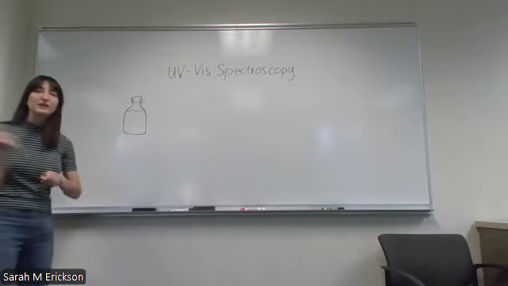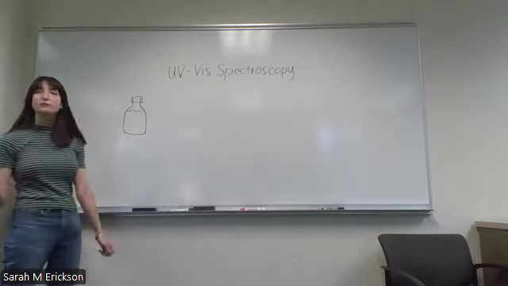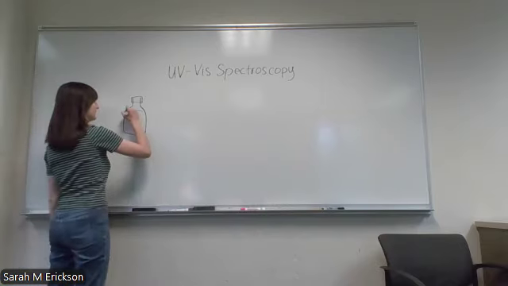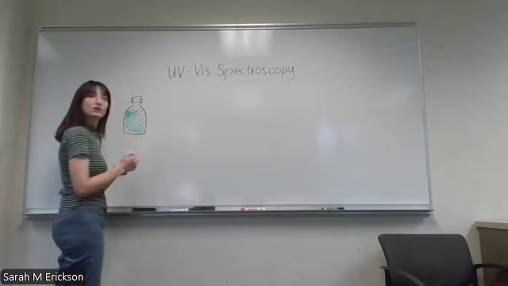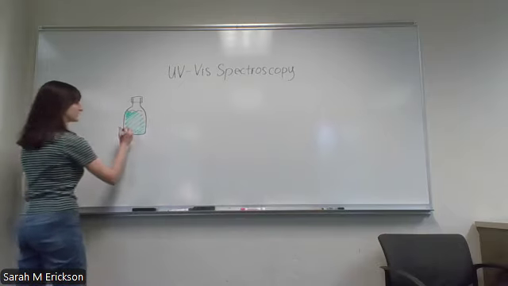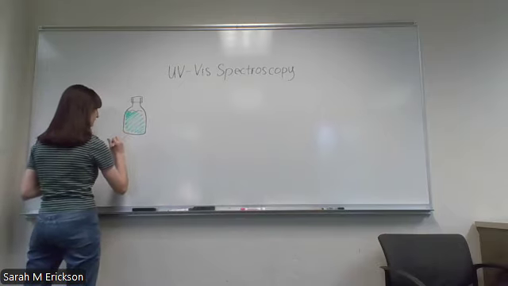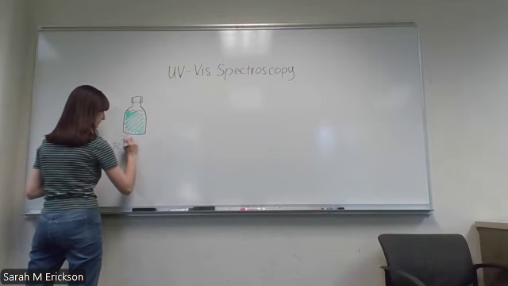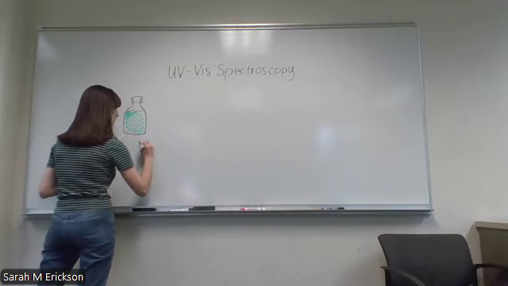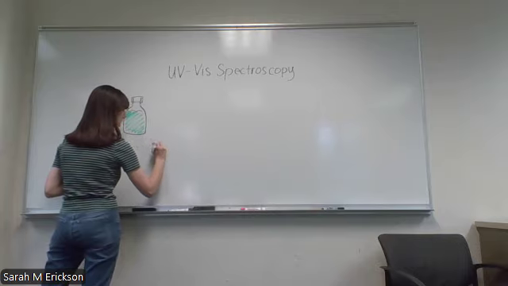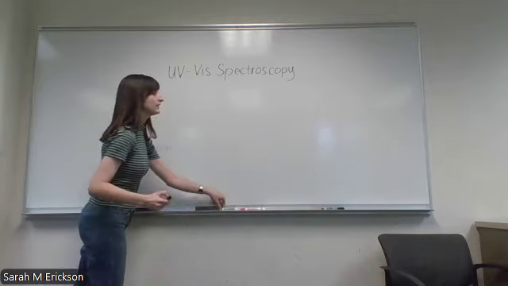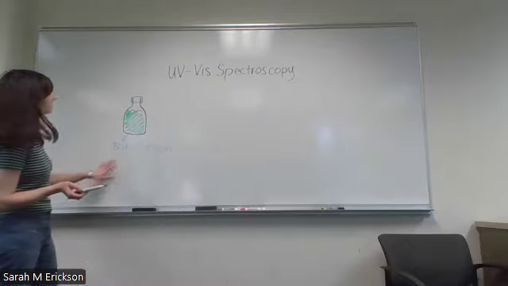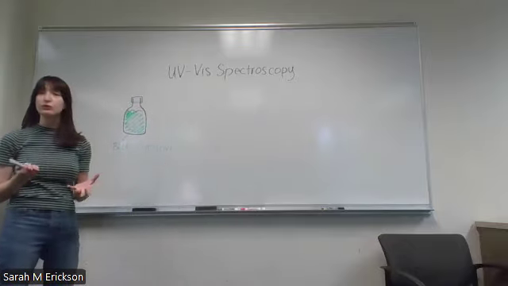And let's say this beverage that you bring in, maybe you bring in a Gatorade and it's green. Okay, so we know that if we have something that's green, it's composed of blue and also yellow. Our goal for this lab is to figure out the concentration of blue and yellow, or whatever two colors are in your drink.